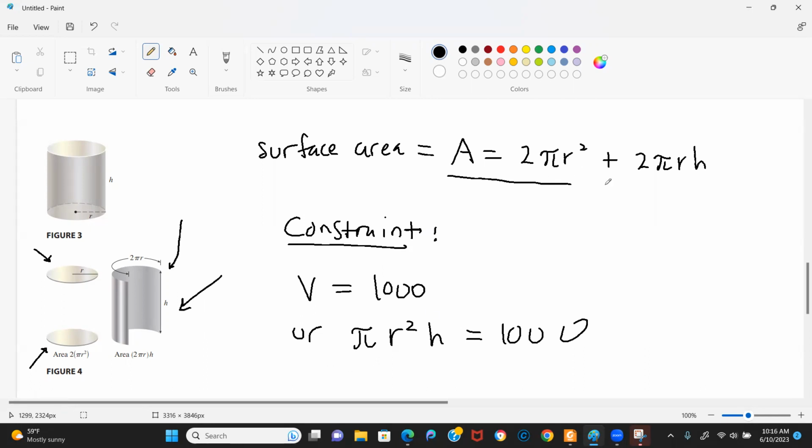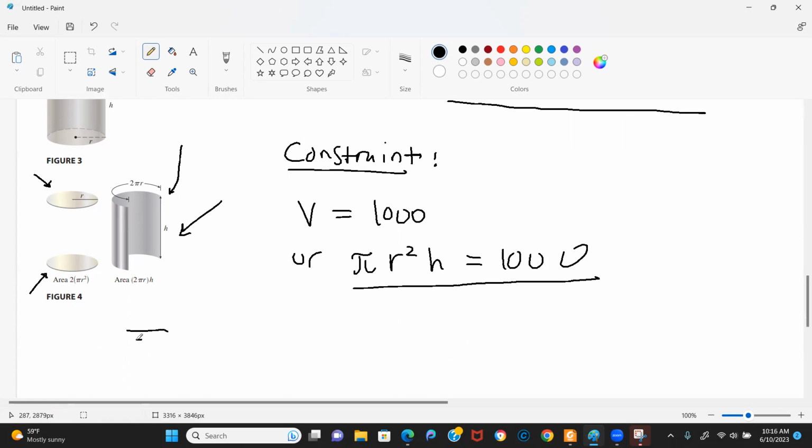So we have our surface area expressed as a function of r and h, but that's no good. We don't want multivariable. But because of the setup of the situation, we have this constraint, and we can eliminate the variable h. When you solve for h, you get 1,000 over pi r squared.